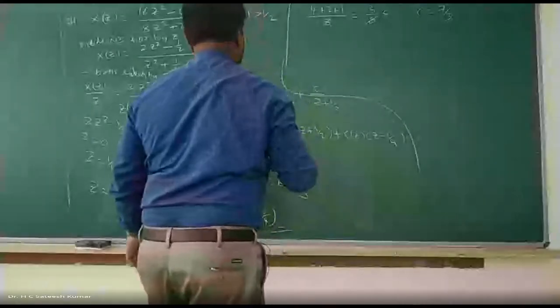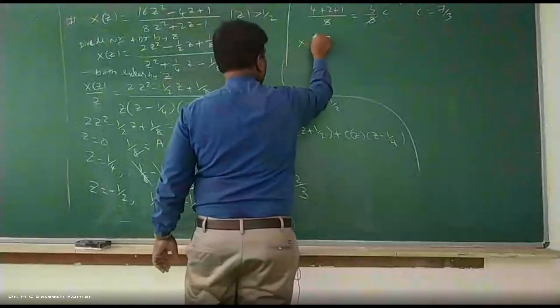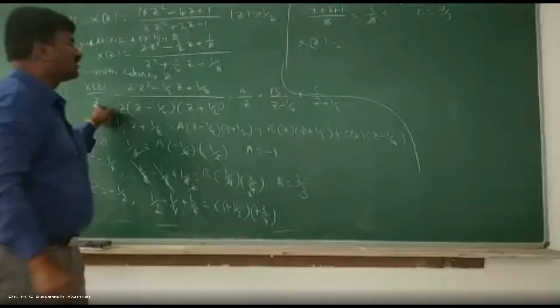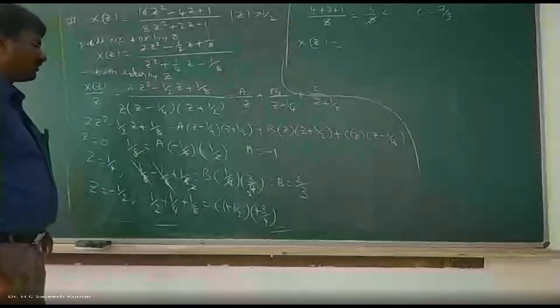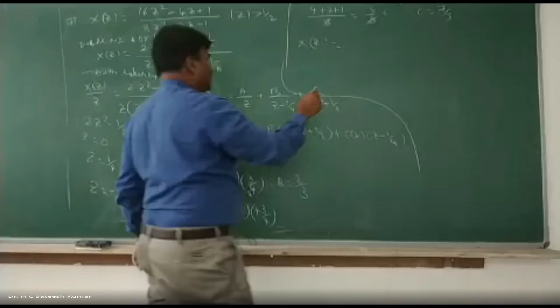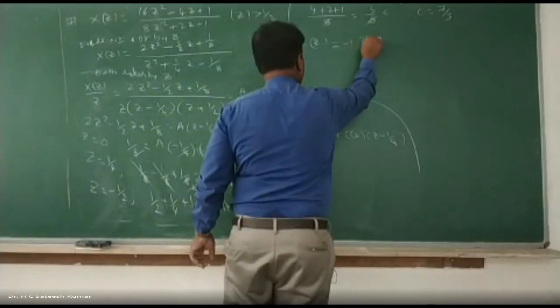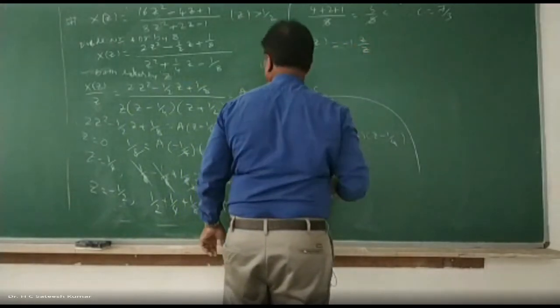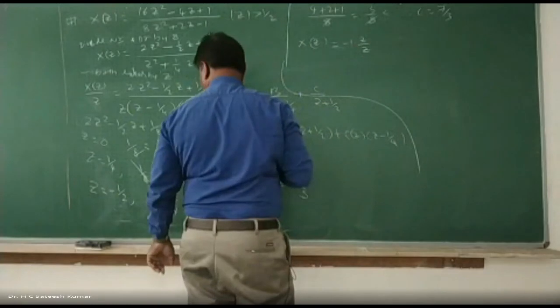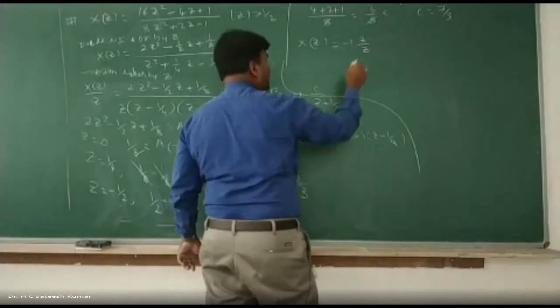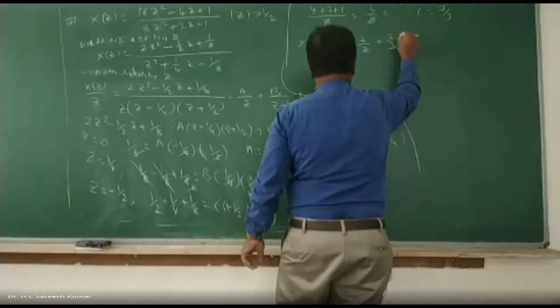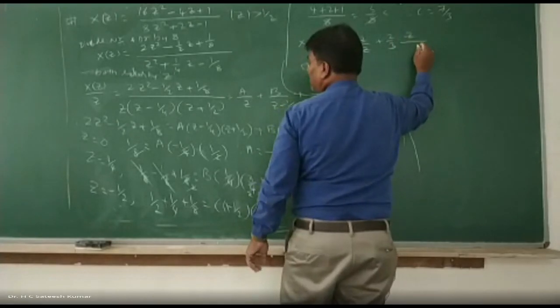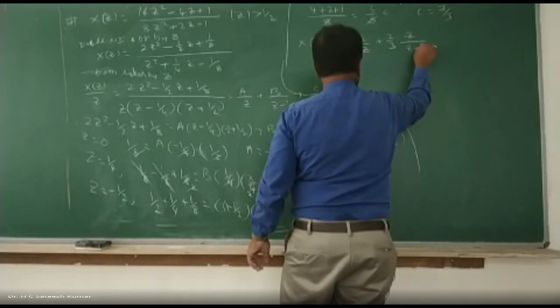Now X of z, cross multiply it. X of z is equal to, cross multiply this z there and substitute the values of a, b, c. A is minus 1 into z divided by z. B is 2 by 3 into z divided by z minus 1 by 4.